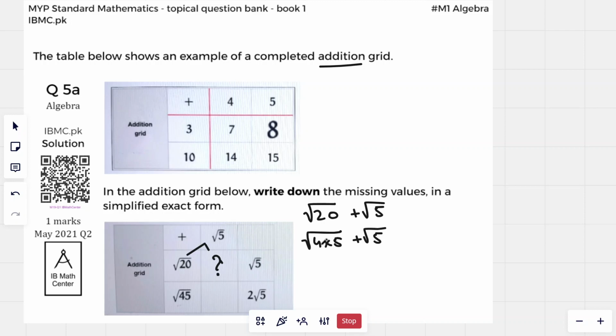The reason for breaking down 20 into its multiple, 4 times 5 equals 20, is that we can break down the square root into two parts if there is a multiplication or a division sign. I repeat myself, if there's a multiplication or a division sign, then the square roots can be split. Had there been a positive or negative sign, you can't do that.